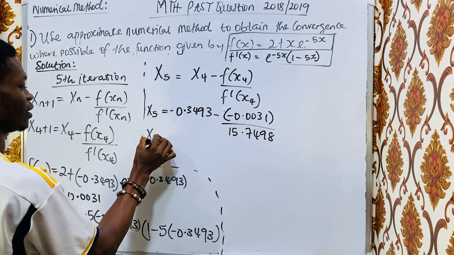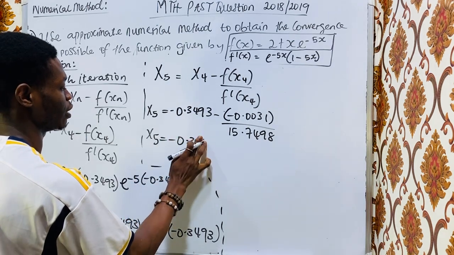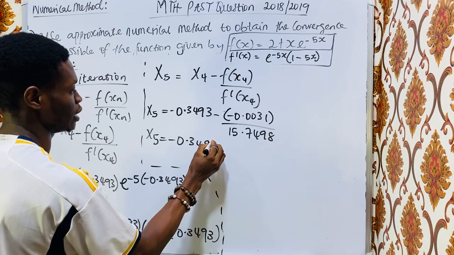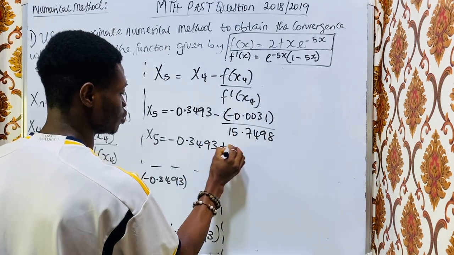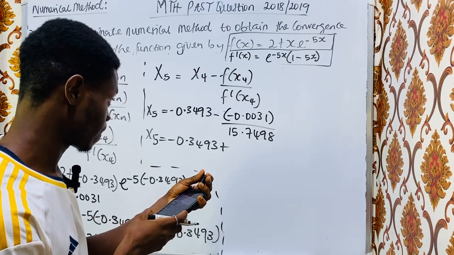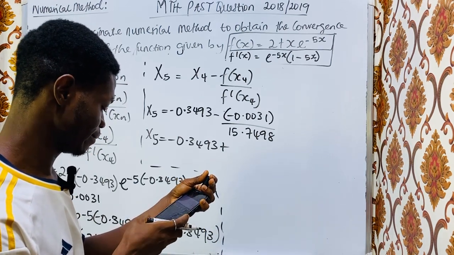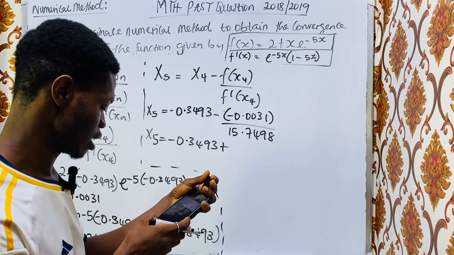So our x5 will be negative 0.3493, minus minus is plus. Let's divide this: 0.0031 divided by 15.7498.